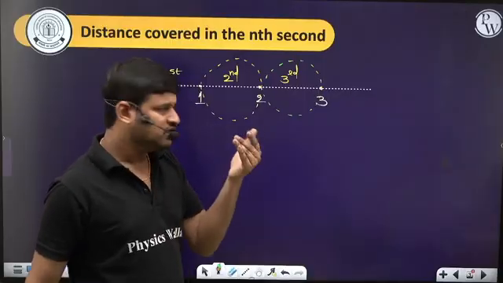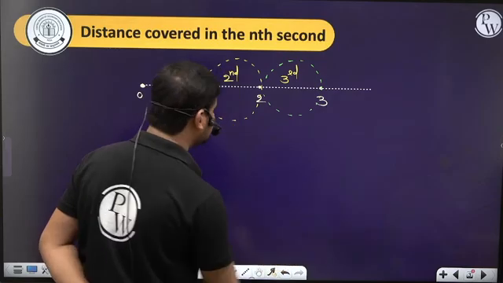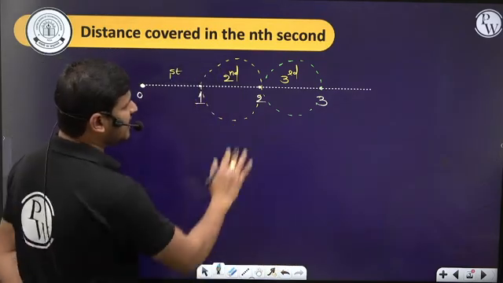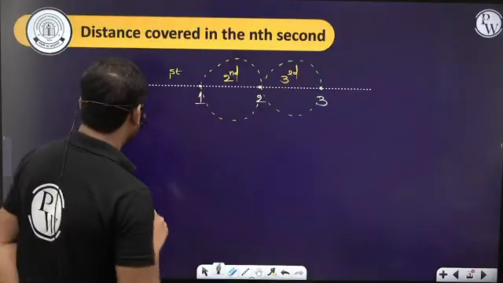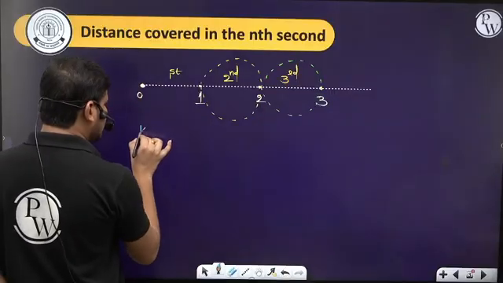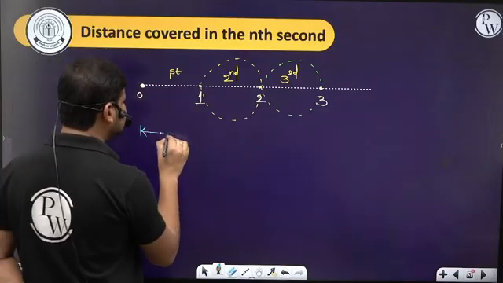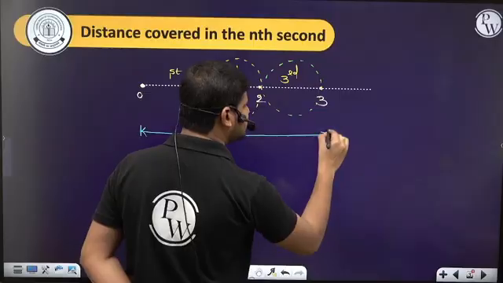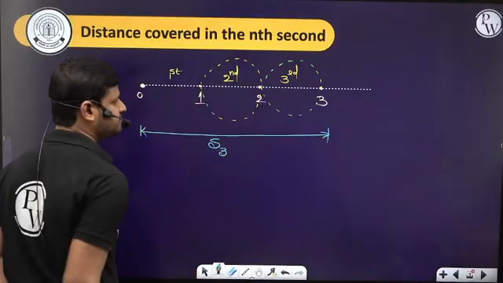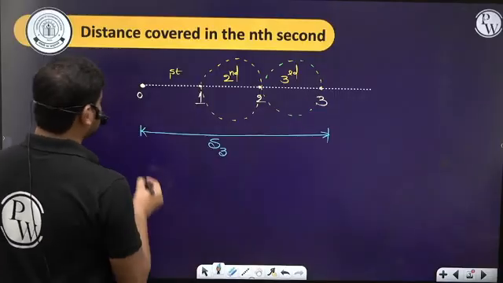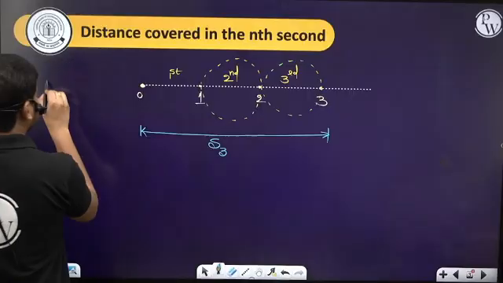Understanding the concept? Now, how do we get that? Just think logically. If I have to get the distance traveled in the third second, first, if I know the initial velocity and acceleration, I can easily find the distance traveled in 3 seconds. Let's suppose the body is moving with uniform acceleration.